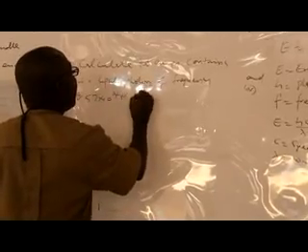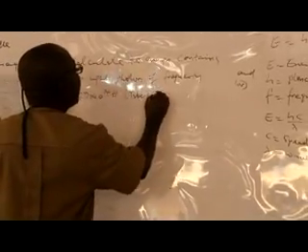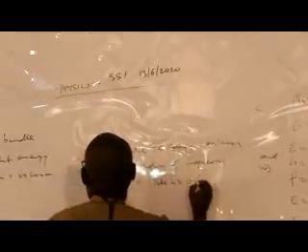Take h equals 6.62 times 10 to the power negative 34 joule second. They will give you this, it's a constant.